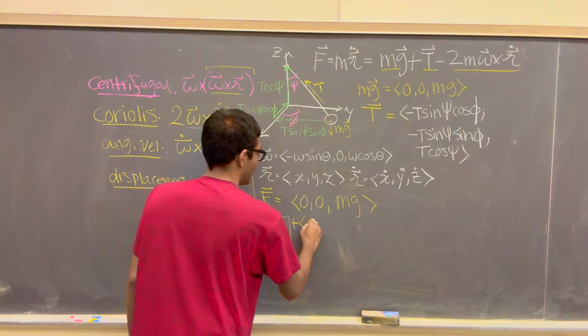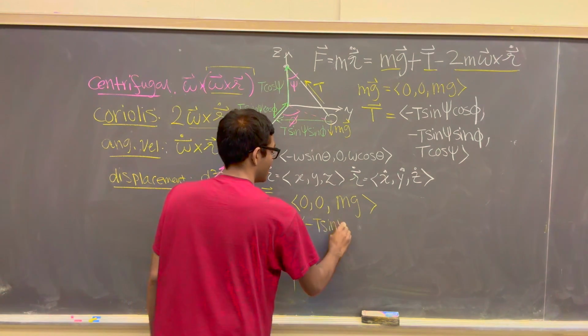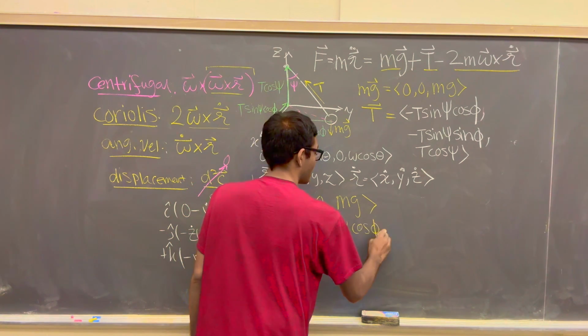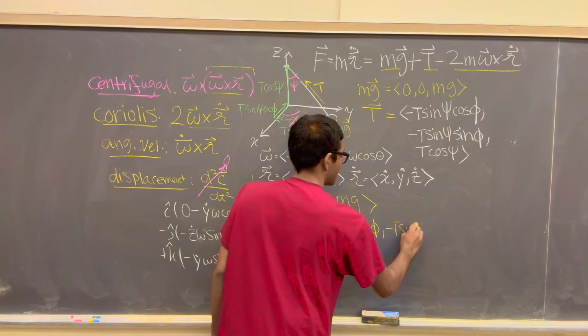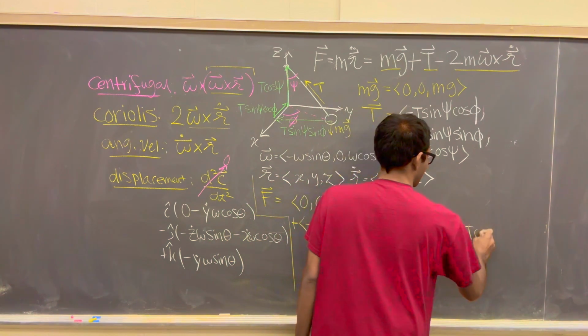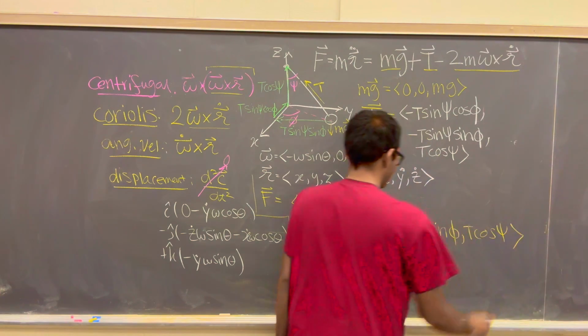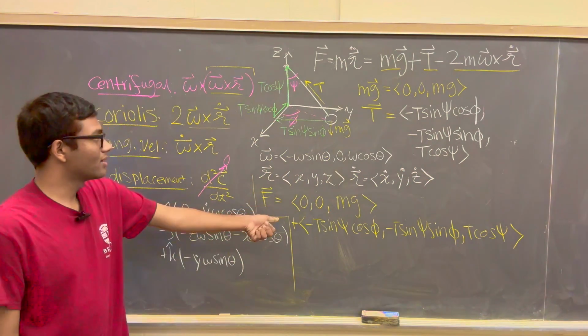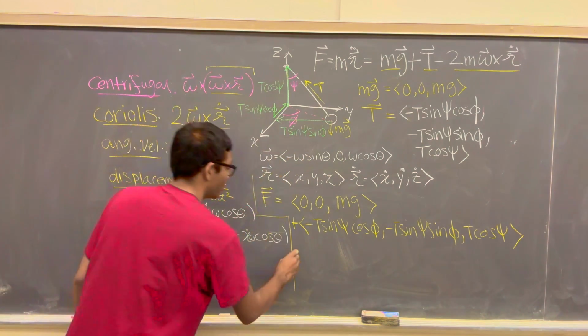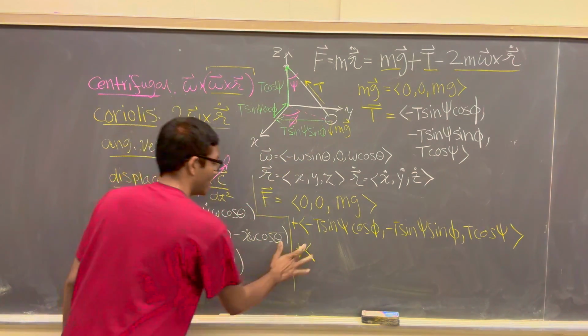And what about T, our tension force? That is minus T sine psi cosine phi, comma, minus T sine psi sine phi, comma, T cosine psi. Very good. That's our tension force. And then we have minus 2m omega, whatever. So let me actually factor that out.